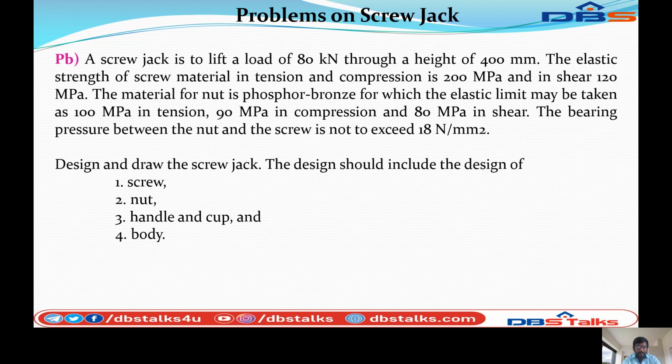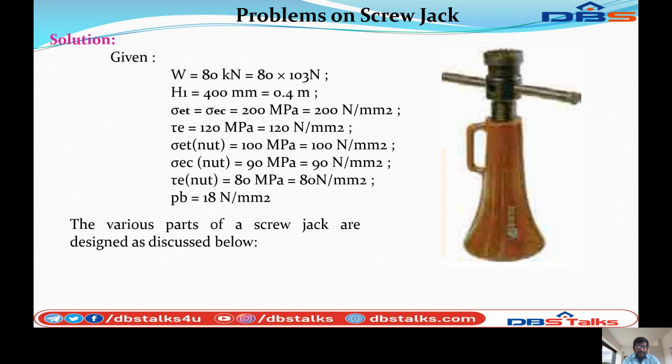First of all, you can note down the given data. Load, given weight W equal to 80 kilonewton, that is equal to 8 into 10 cube newtons. Height H1 is equal to 400 mm, that is equal to 0.4 meters. Sigma_ET equal to sigma_AC equal to 200 megapascals, that is equal to 200 Newton per mm square.